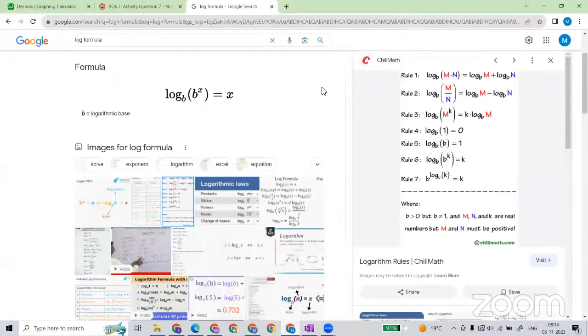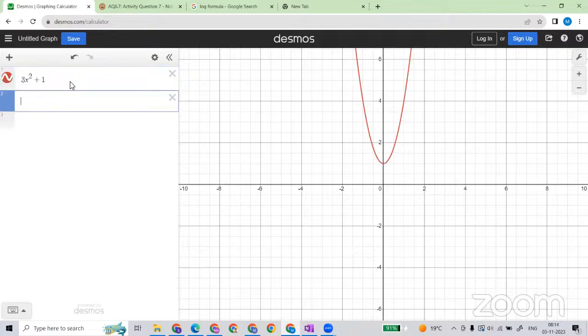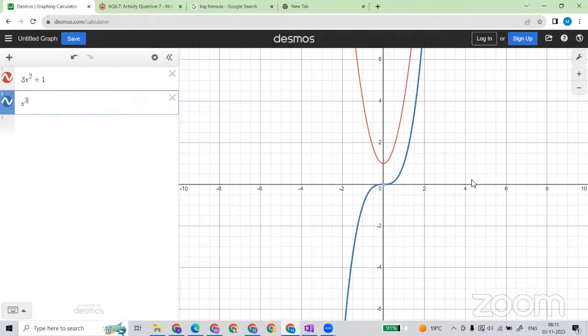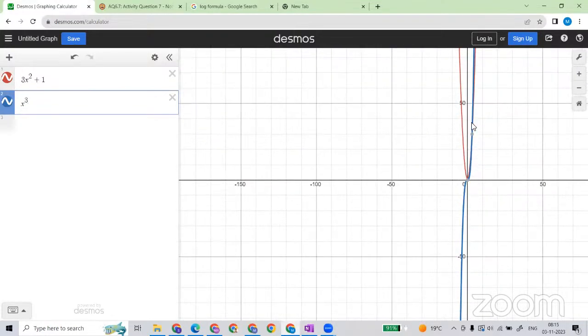So let's do it separately on Desmos, that 3x square. If you put -3 in that particular equation, we get 1. So there is only a difference of 1 that we are getting. The intersection is here.